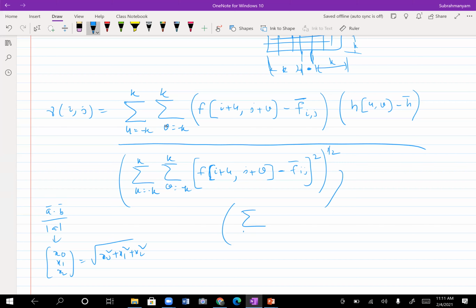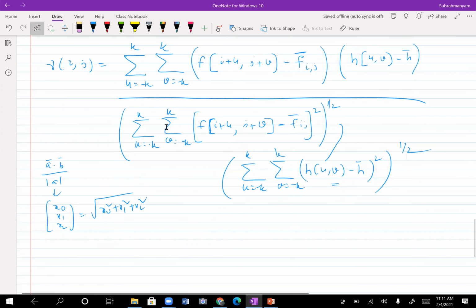Similar lines: u varying from minus k to k, v varying from minus k to k, h of u comma v minus h bar, this whole square. Notice the square: for each element you square and then sum up, and for the whole you take the square root.